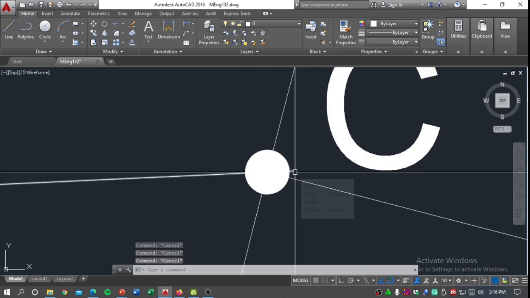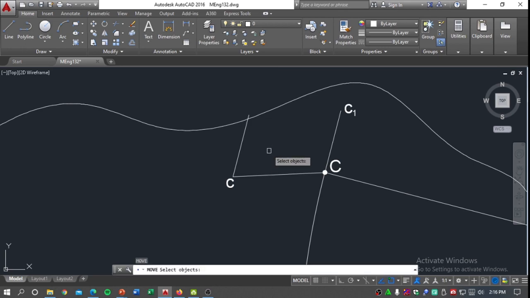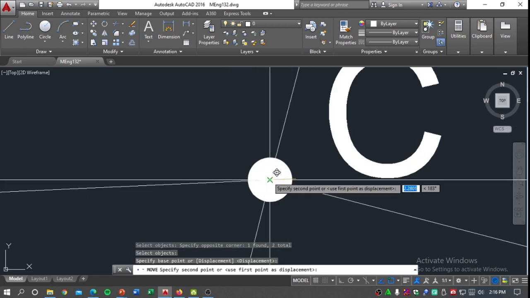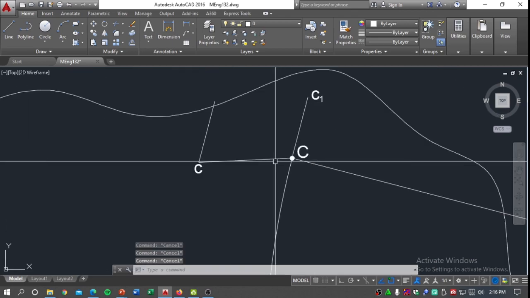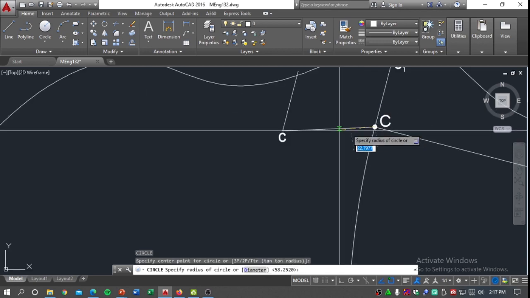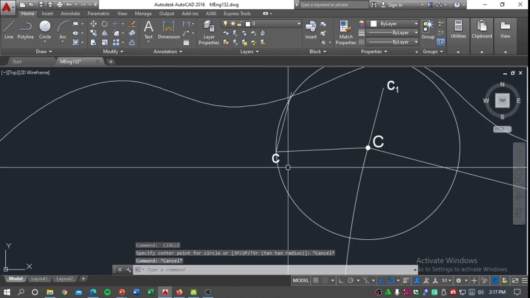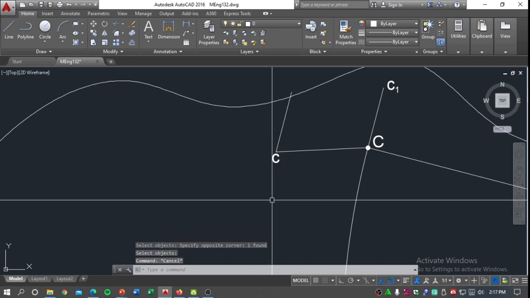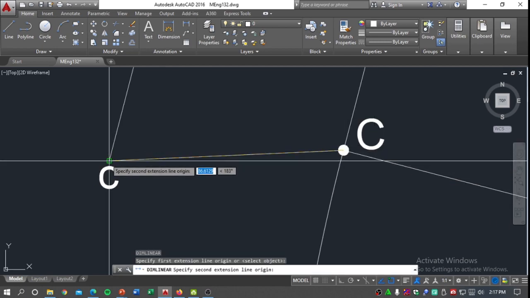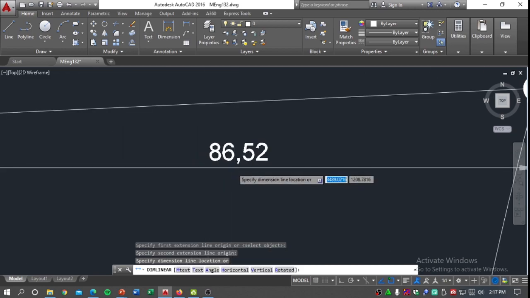Copy it here. So this length should be here. We'll have to check if this length of CC is the same with EA. Okay, we'll have to dimension linear here.